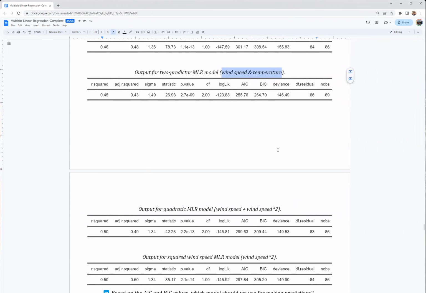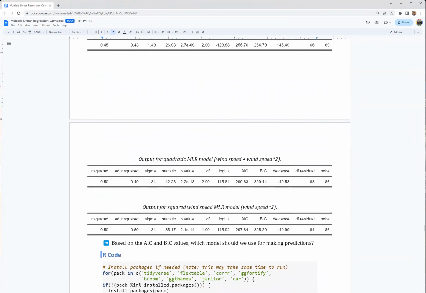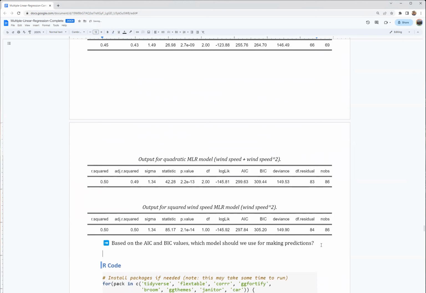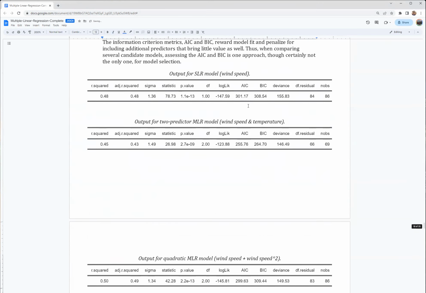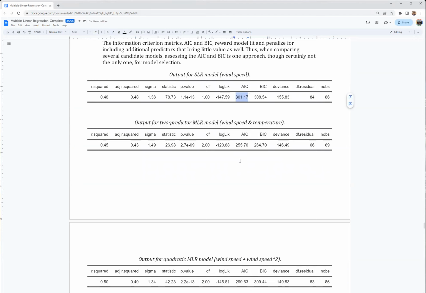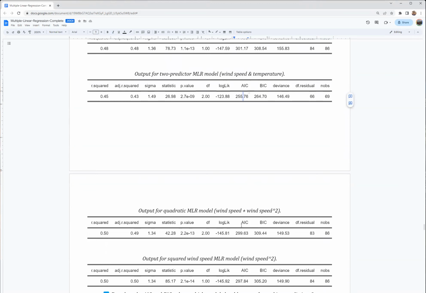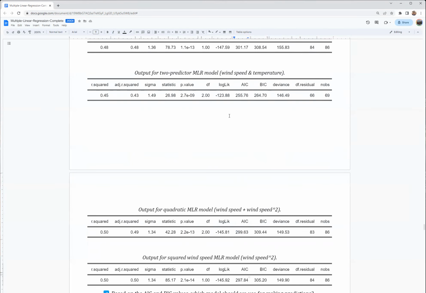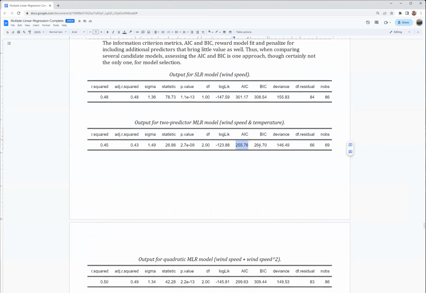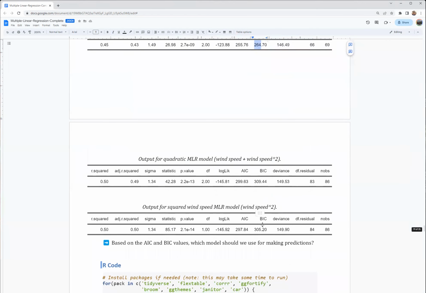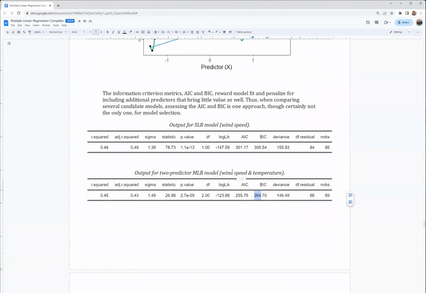Well, it's as simple as looking at which one has the lowest AIC and BIC. Let's see. AIC says the lowest one is this by far, wind speed and temperature. And then what does BIC say? Similar story for BIC.